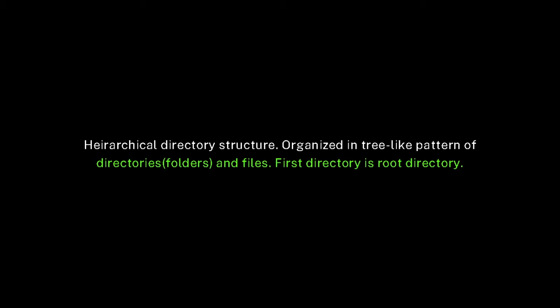The first directory in this directory structure is called the root directory, and it is organized in a tree-like pattern. The root directory is the slash directory, and after this you have several directories in Linux like bin, tmp, media, home, root.